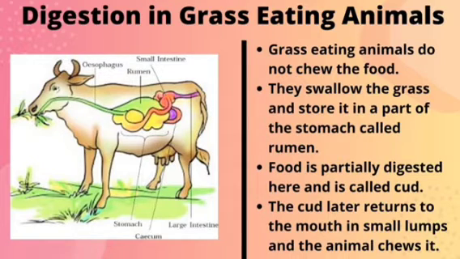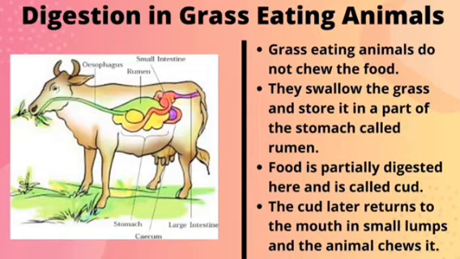You can see on the slide the part of the digestive system called the rumen. The grass which is swallowed, the animal just gobbles the food, and it is stored in the rumen. Here the food gets partially digested.